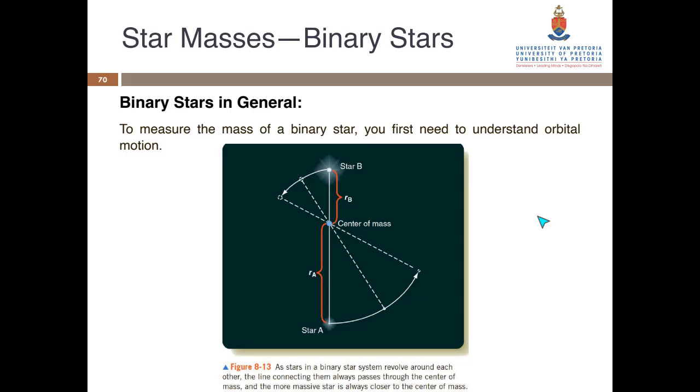If you determine the mass of the system, you can determine the mass of both individual stars. And if you know the mass of the individual stars, you can use that information to determine the mass of other stars. So here is an example where we have the center of mass, with both orbits around it. There's a radius of star B around its center point, radius of A, and we can calculate both masses.